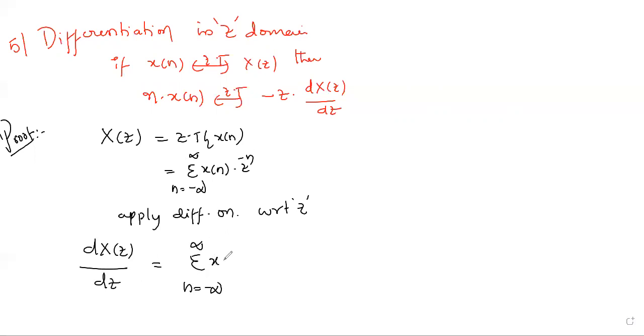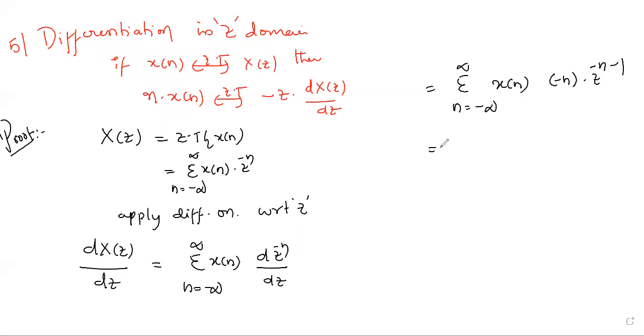Remaining all the terms are treated as constant. So d z power minus n by dz, summation n equal to minus infinity to infinity x of n. What is the differentiation of z power minus n? Minus n into z power minus n minus 1. Clear? So minus you can write it outside, and z also, n equal to minus infinity to infinity n into x of n z power minus n divided by z.